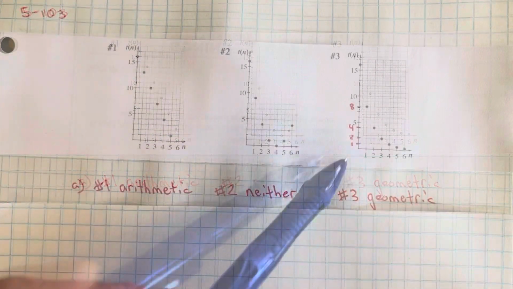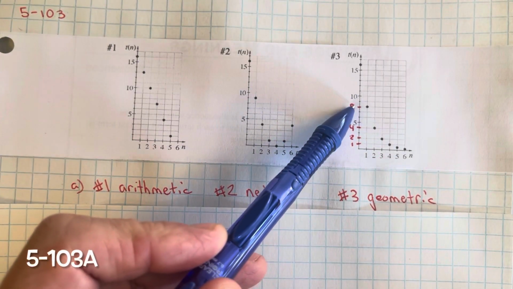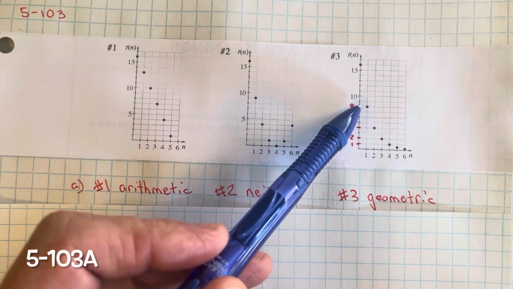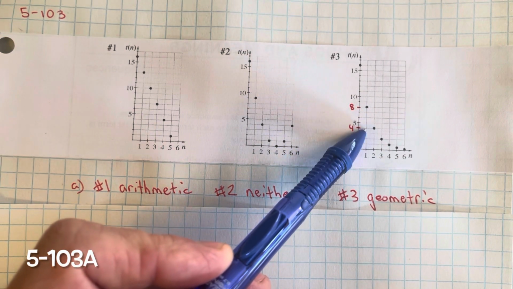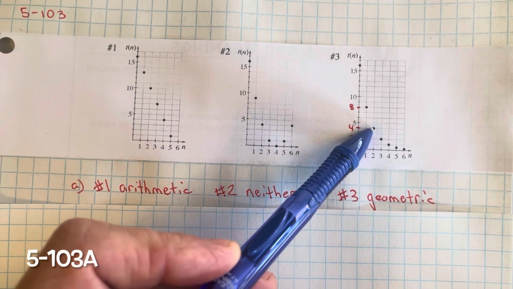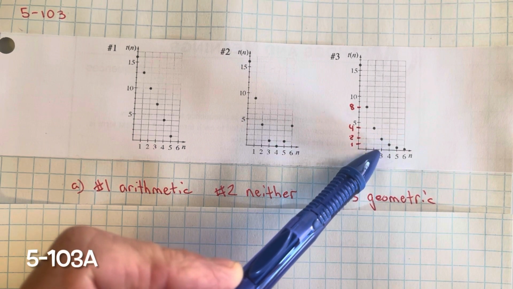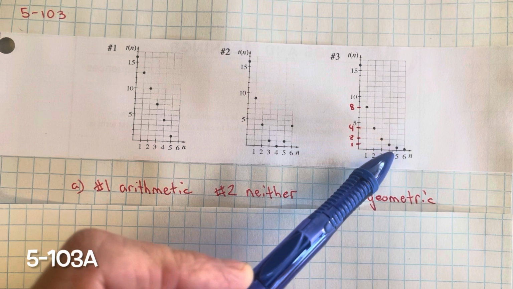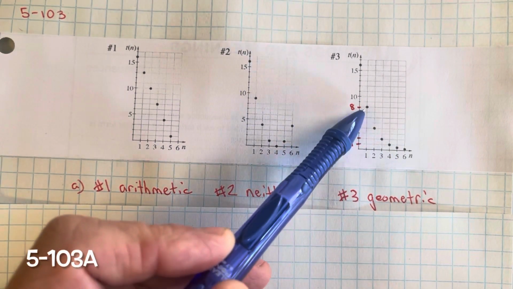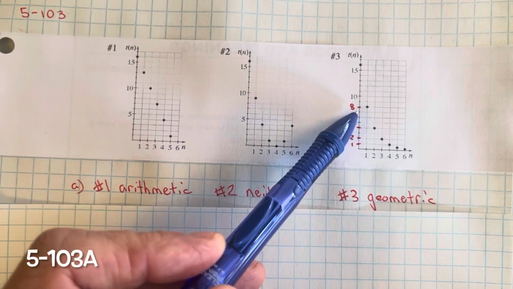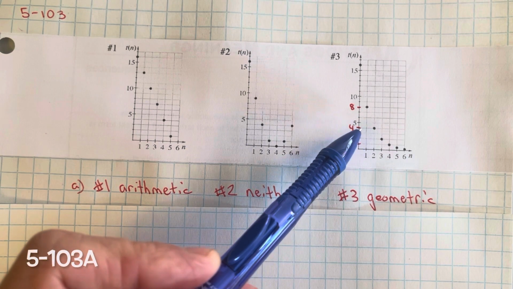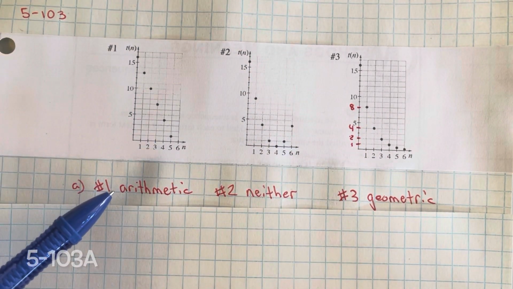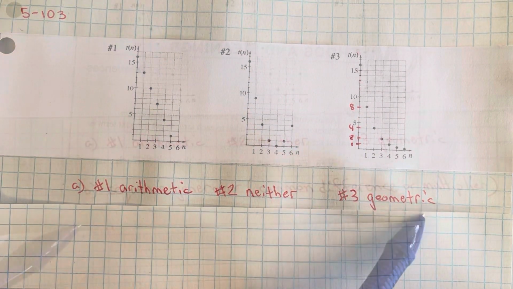geometric. For graph 3, you start at 8, and you go from 8 to 4, from 4 to 2, 2 to 1, it looks like a half. So each term is being divided by 2 or multiplied by 1/2. So this is geometric.